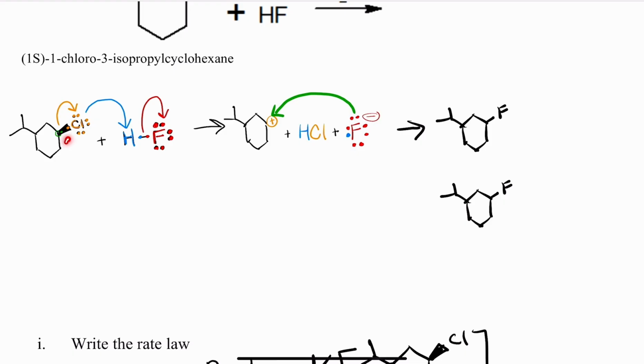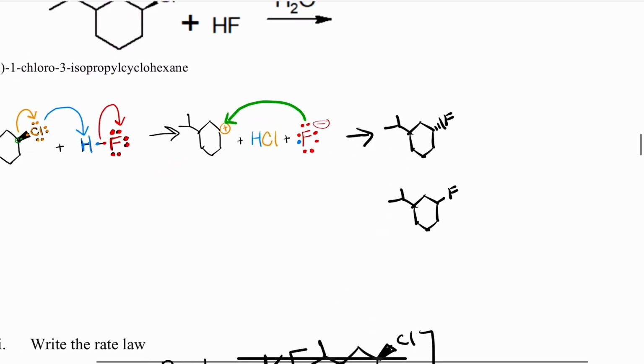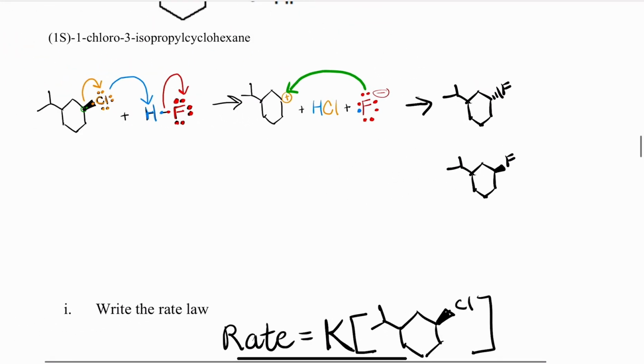So what's the opposite? We started with a wedge coming towards us, so the opposite would be a dash going away from us. So I would say you're going to have more of this, but you're still going to make this original wedge that we started with.